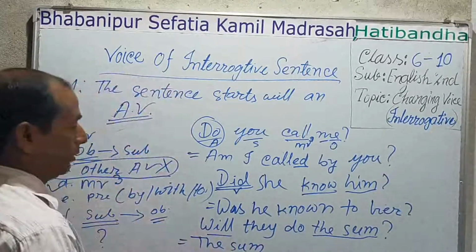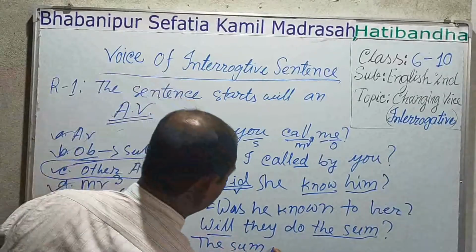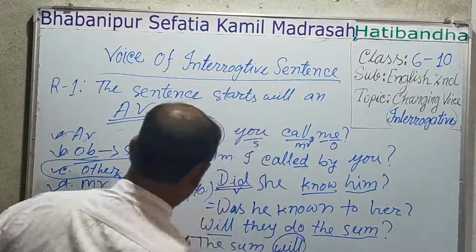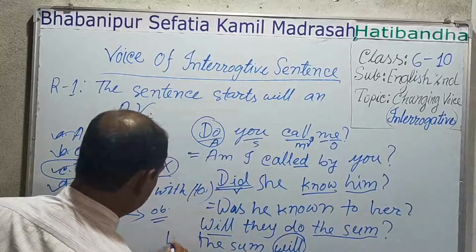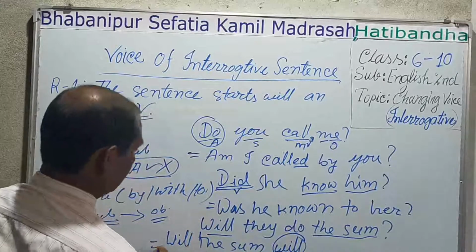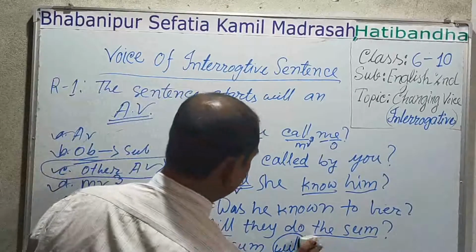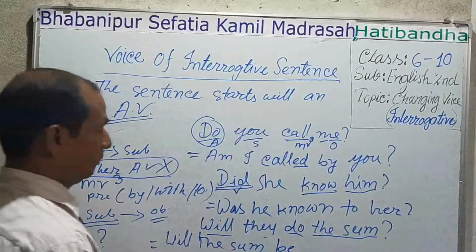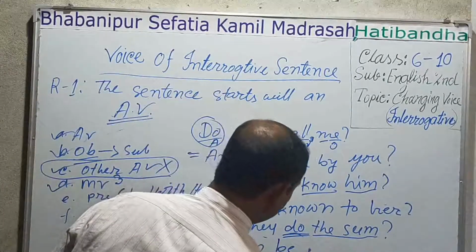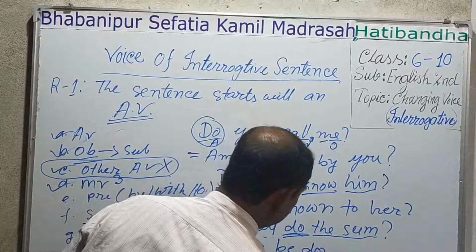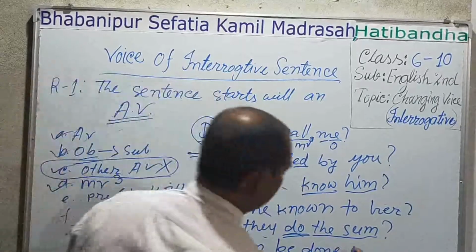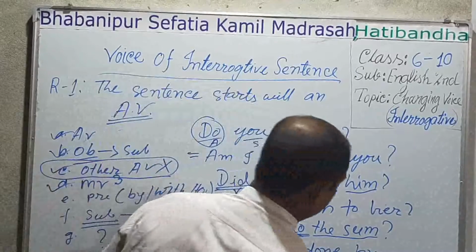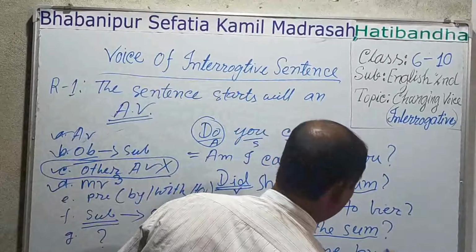It is in future indefinite, so we need will at first. Here is be and main verb do. The past participle of do is done. By the subjective form of they, the object them.